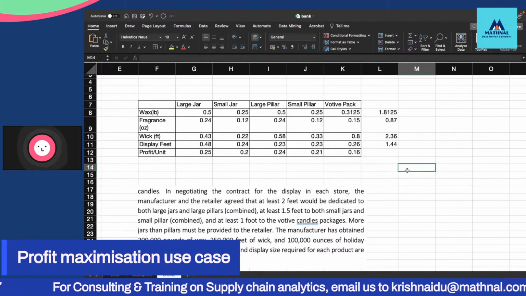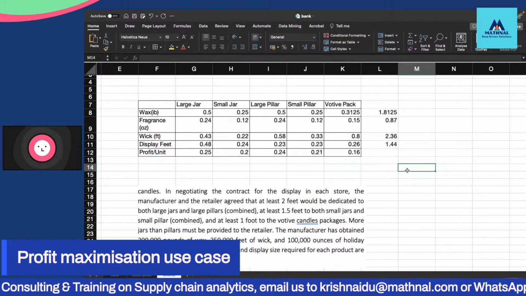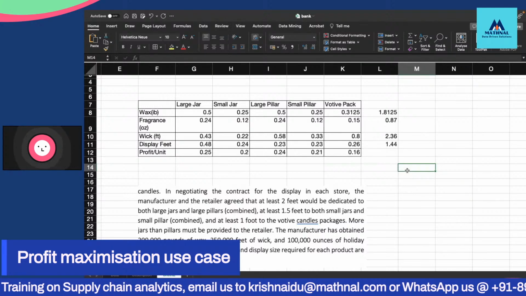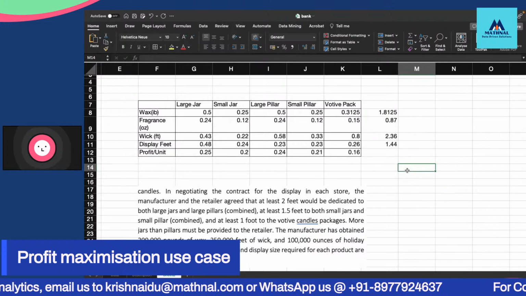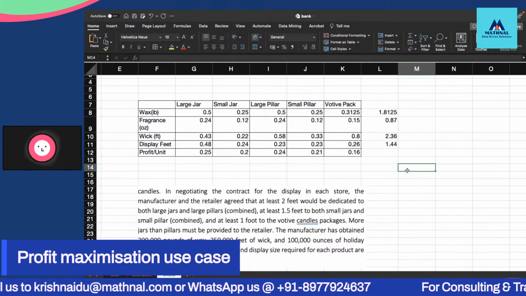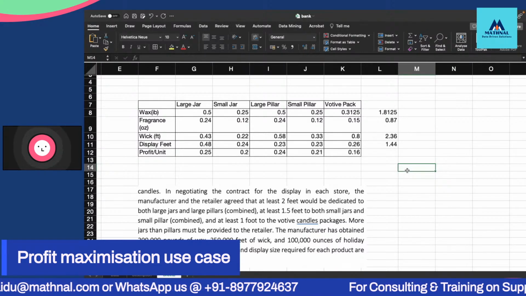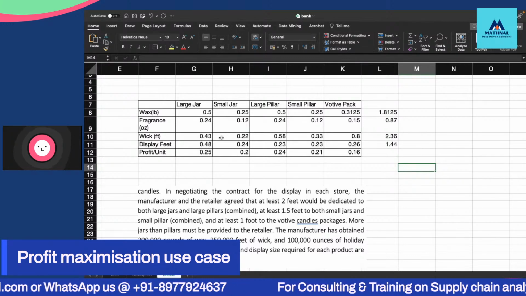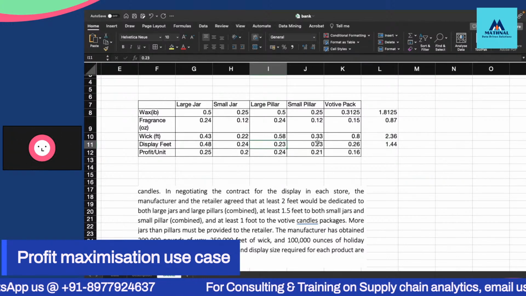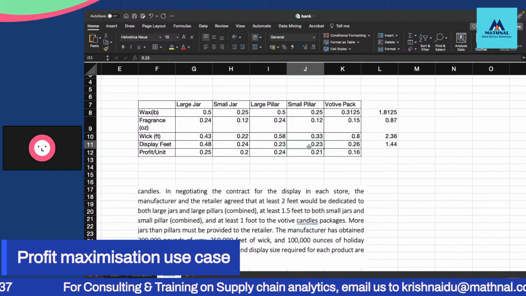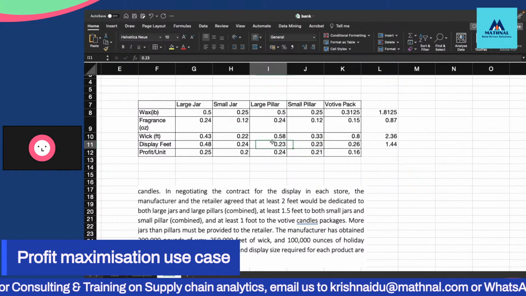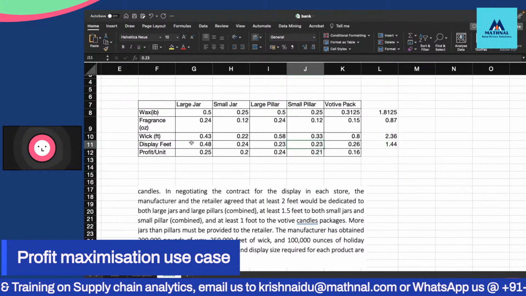So what you're saying is that at least 2 feet would be dedicated to both large jar and large pillar combined, at least 1.5 feet to both small jars and small pillars combined. So 1.5 over here, and this is 2 over here.